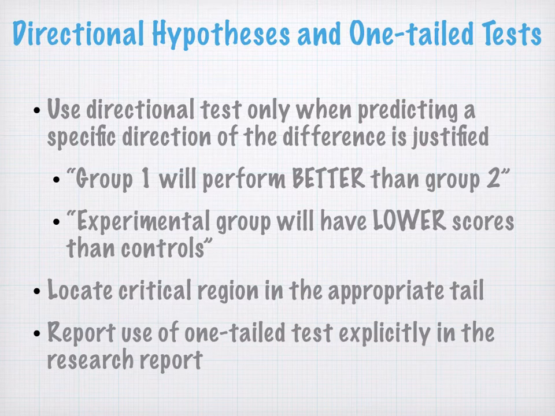It's really, really important to report this explicitly because one-tailed tests can be a little bit more problematic. In a two-tailed test, we're accepting a 5% risk that we say there's an effect when there's really not an effect.